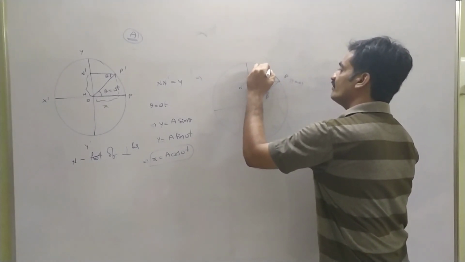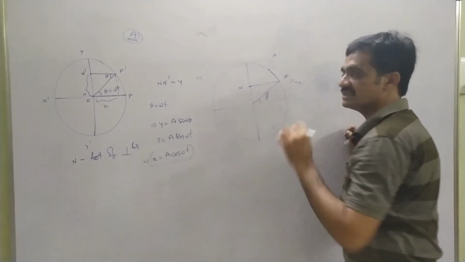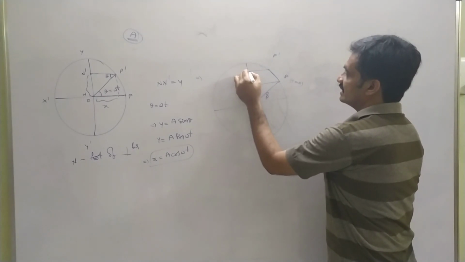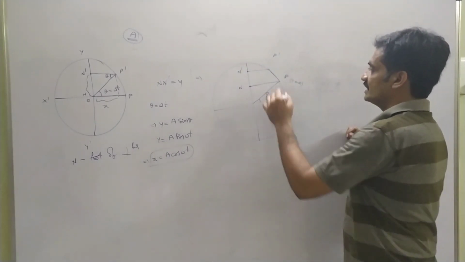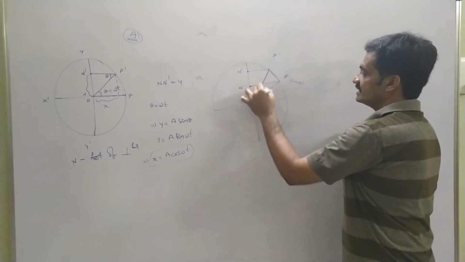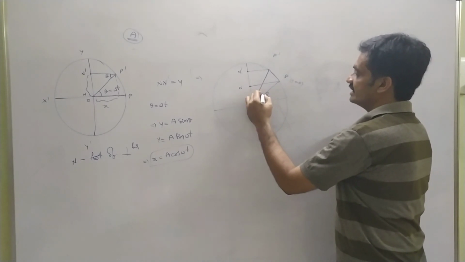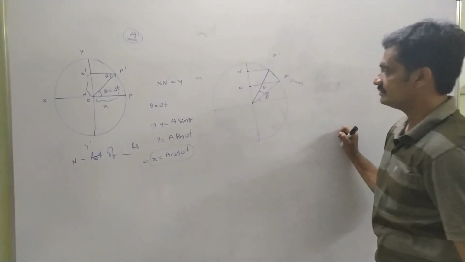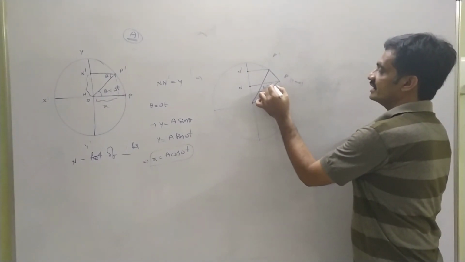After a time of t, the particle has reached its new position, represented as P dash. Now if we draw the foot of the perpendicular, it is represented as N dash, whereas the angle made by the particle from P dash is represented as theta, or we know that theta equals omega t.